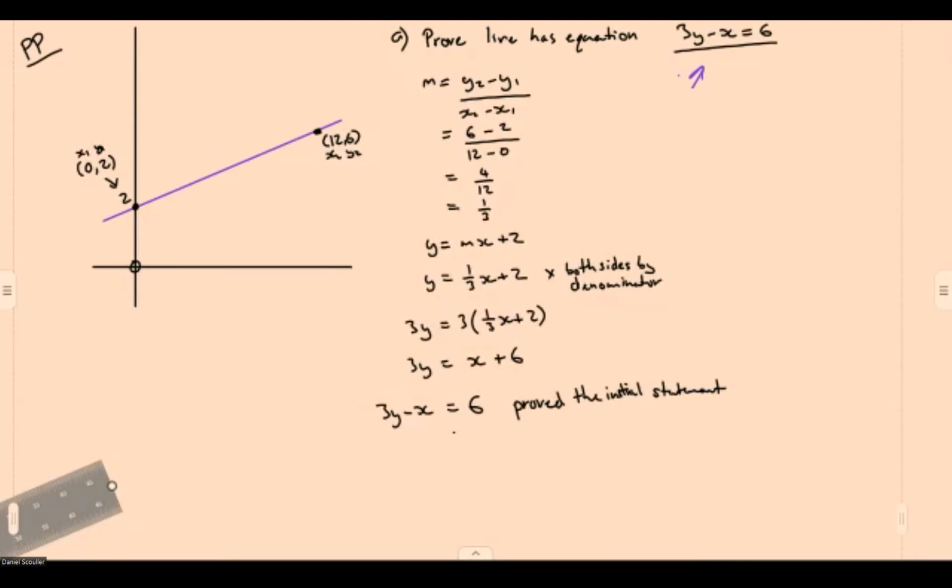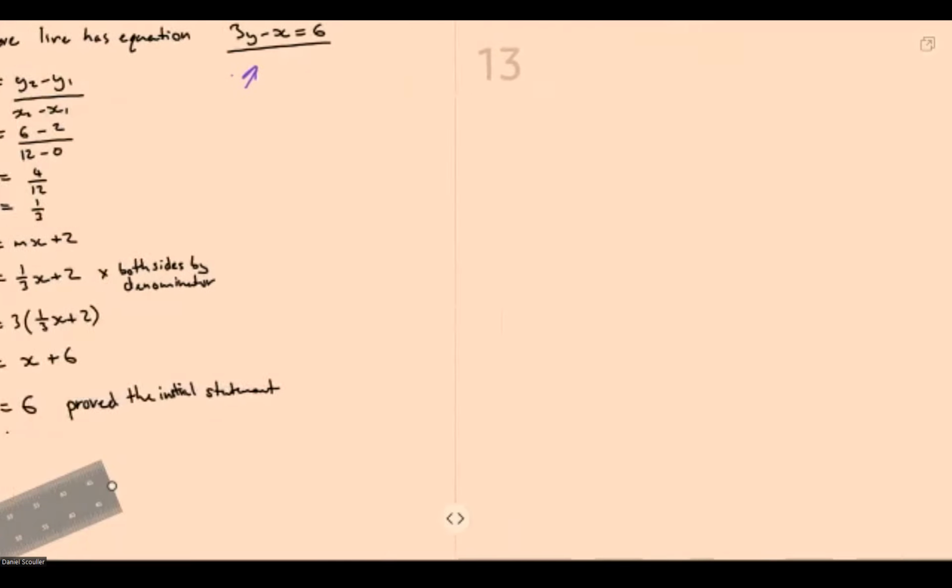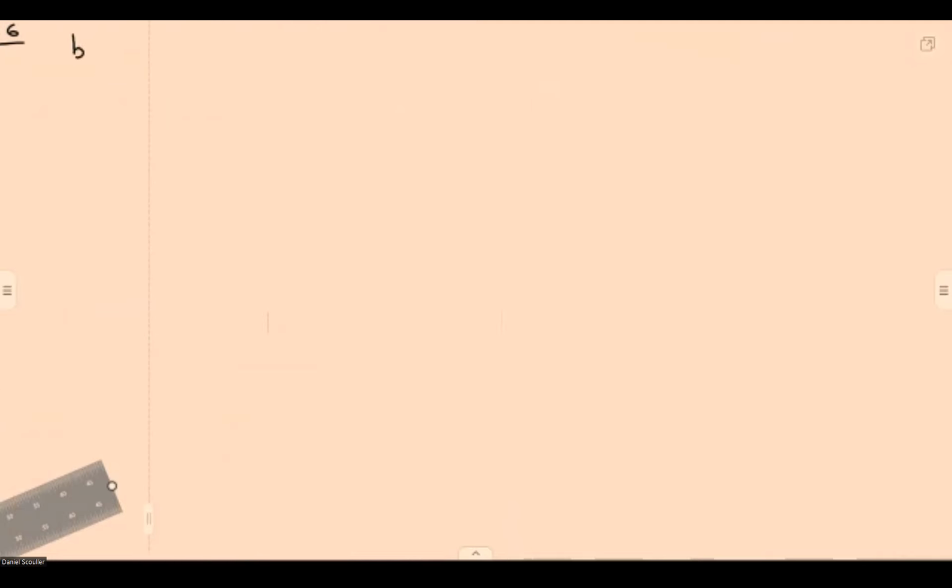Now the second part of this question in the past paper was calculate the coordinate of intersection of another line with equation 4y plus 5x.